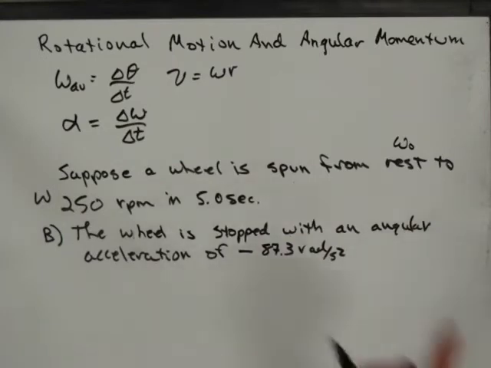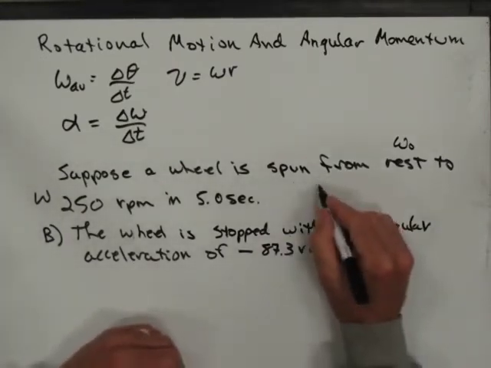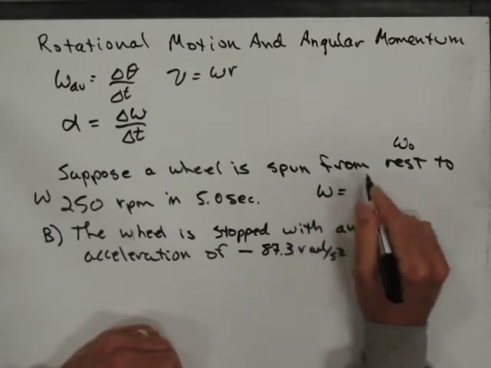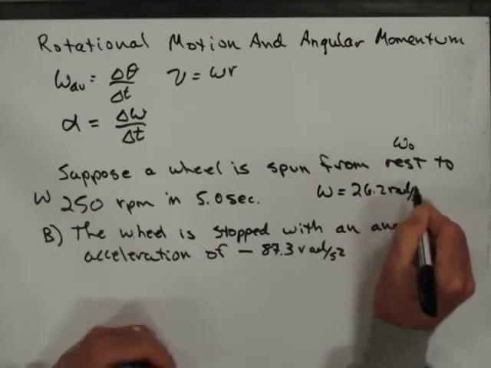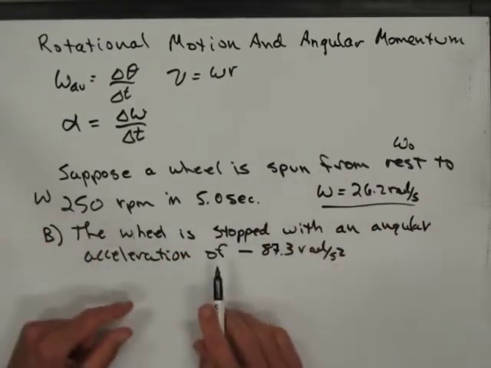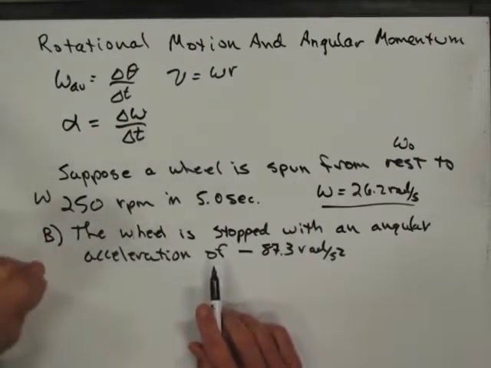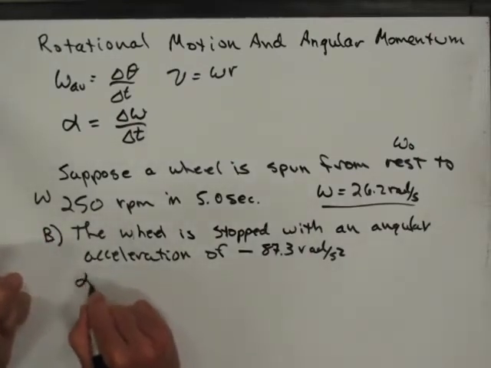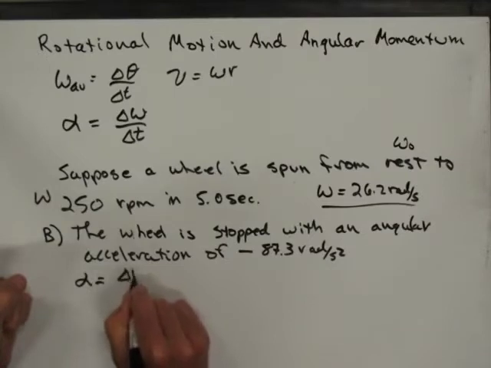So it's spinning along. I think its angular velocity, omega final once it was spinning up, was 26.2 radians per second. In the course of solving part A, that's what we got. We converted this, and now I'm going to brake it to a stop. And so alpha is equal to delta omega over delta t.